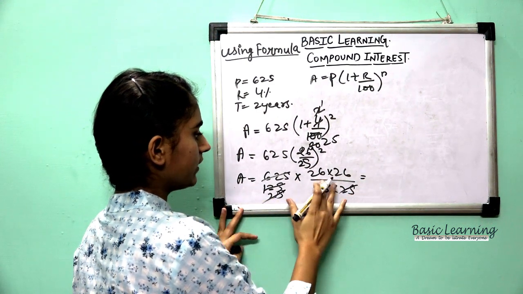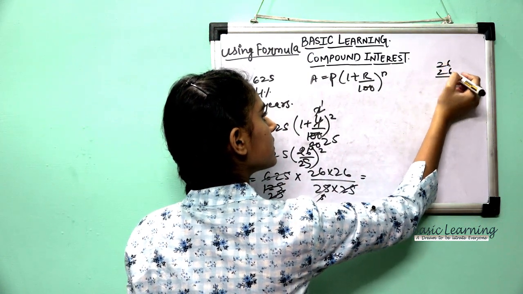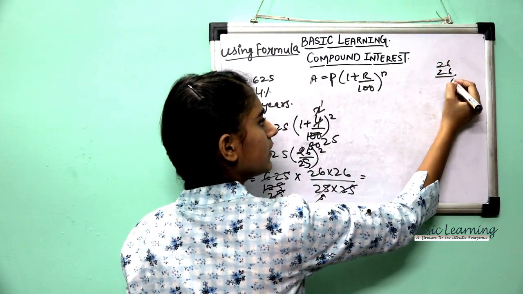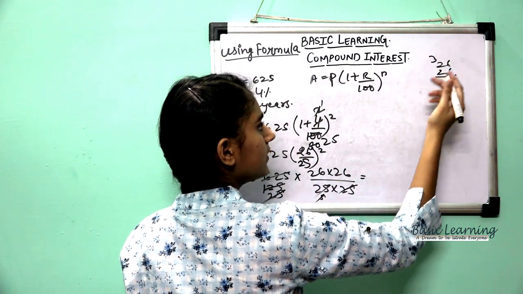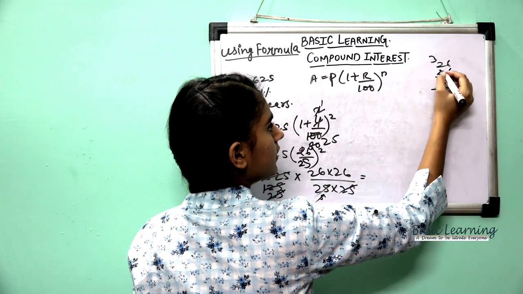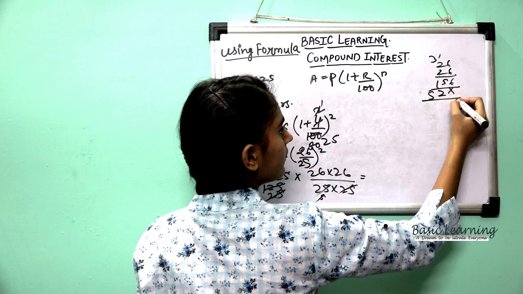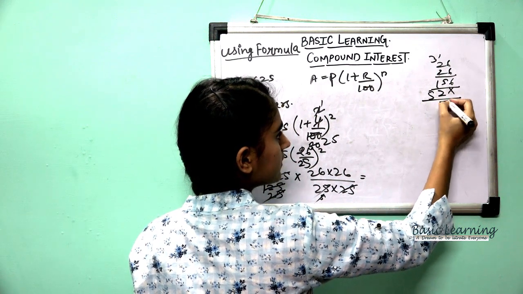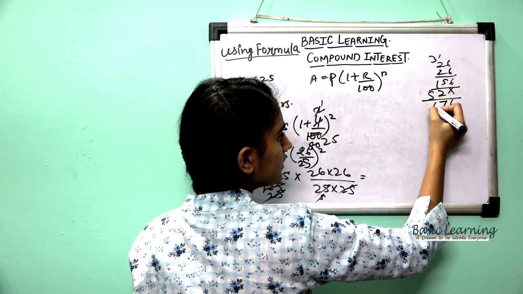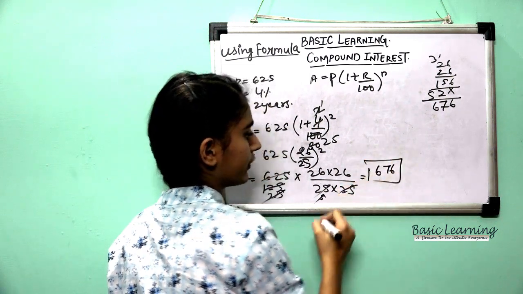So we will calculate 26 into 26. 6 6s are 36, 6 to the 12, 13, 14, 15. 6 2s are 12, 2 2s are 4, 5, 6, 7 and 6. So 676 is your amount.